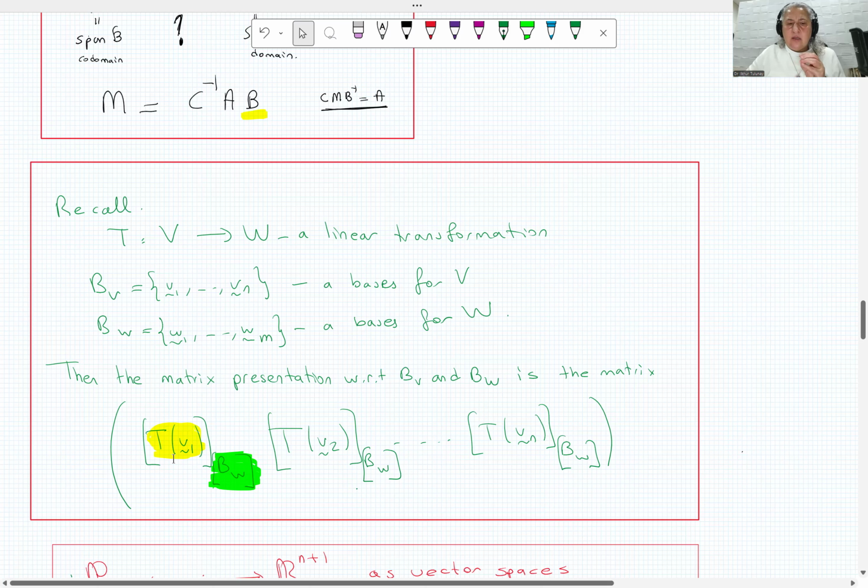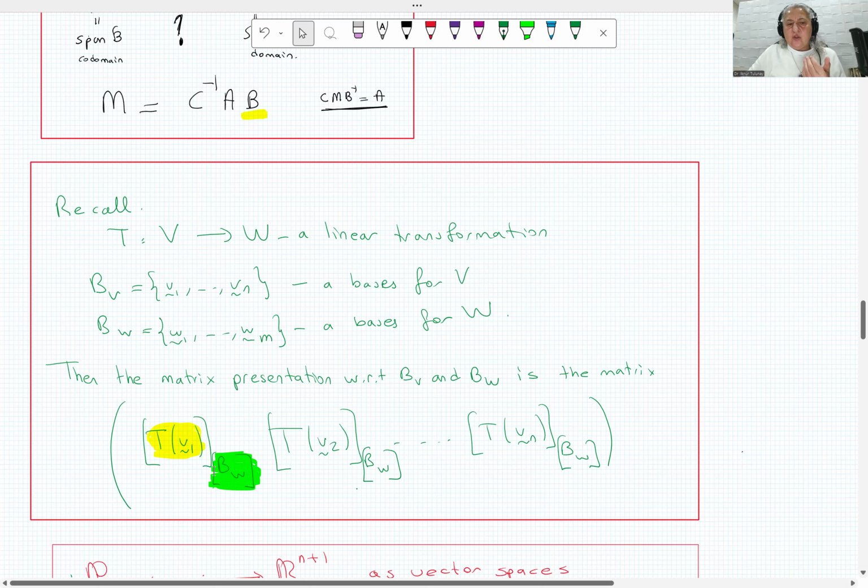What is this? This is a matrix such that for each column, you first take the basis elements here and apply the linear transformation and move to here. And when you arrive here, which is TV1, that will be coordinate vectors with respect to the standard basis. Now you need to change that into BW because you want the basis in this space to be BW.